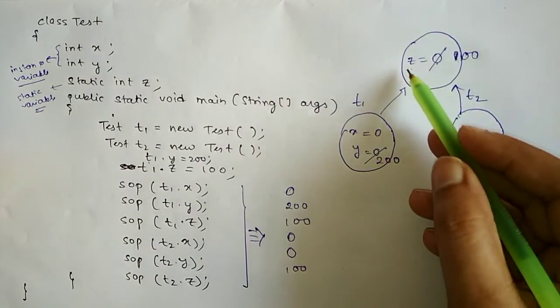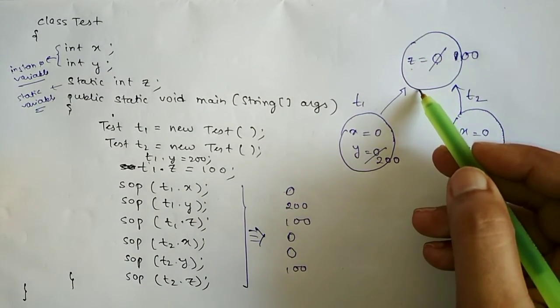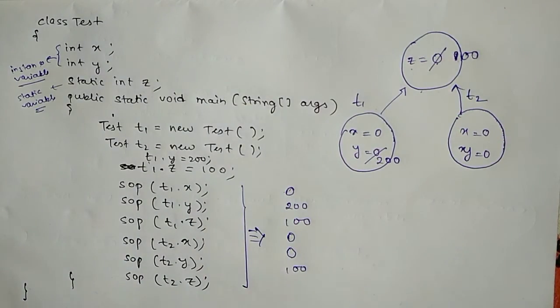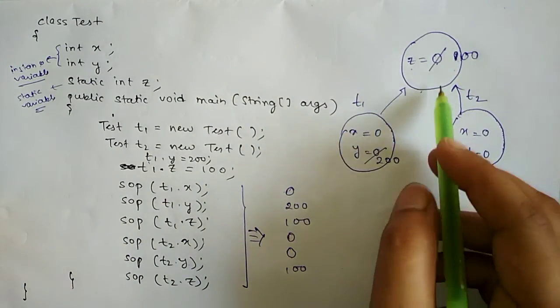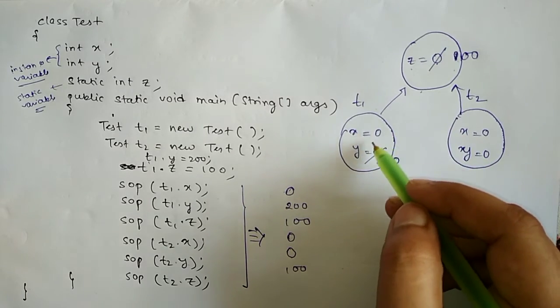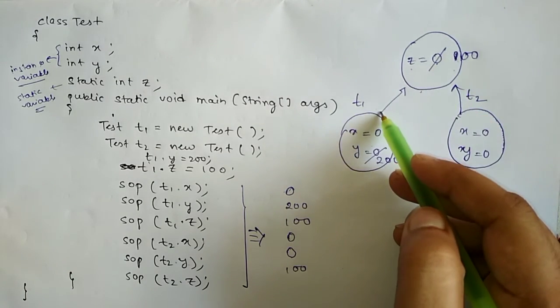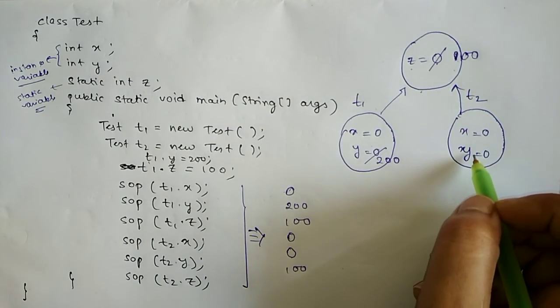As it is a static variable, a single copy is created and shared by every object. If any change is made by any object, it will be reflected in the other objects also.